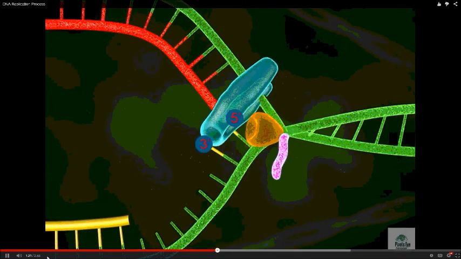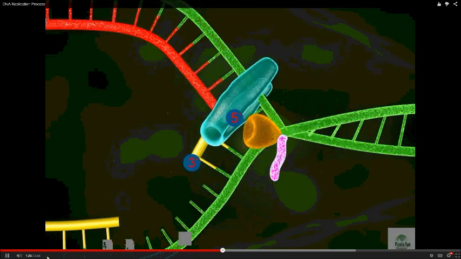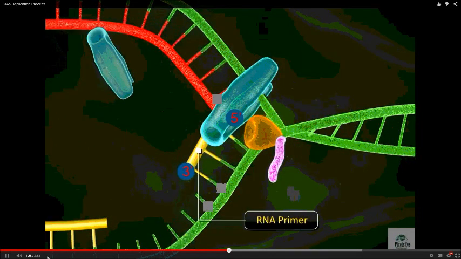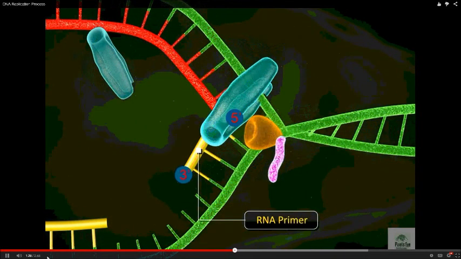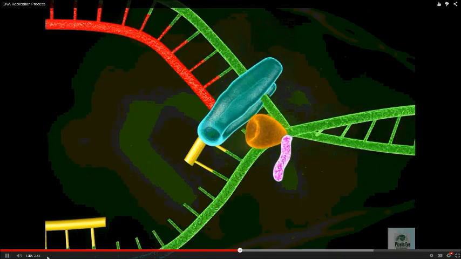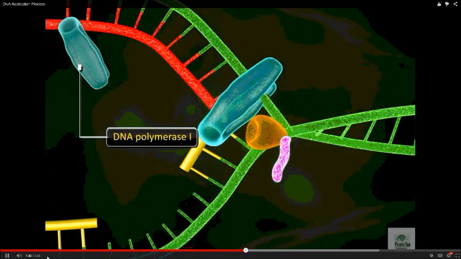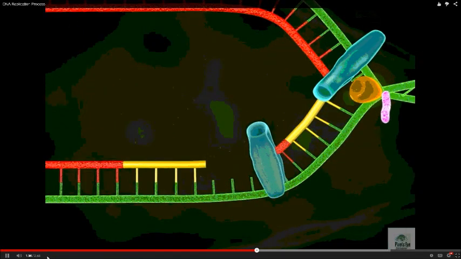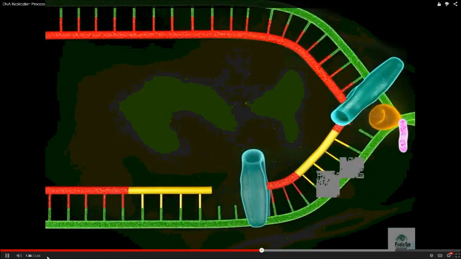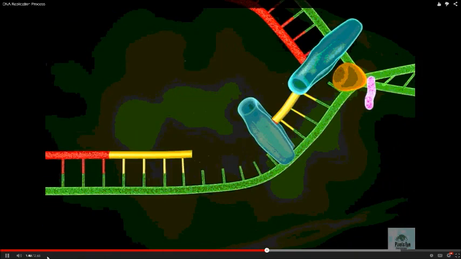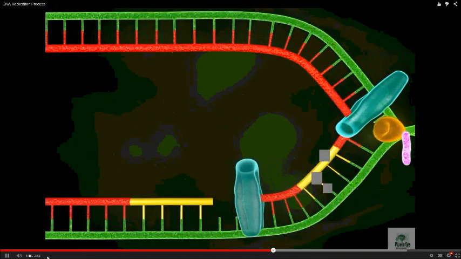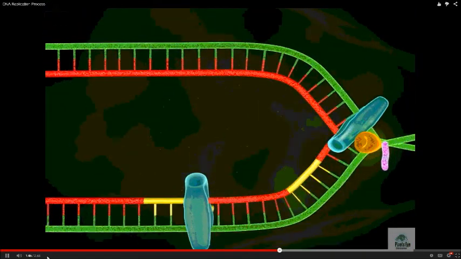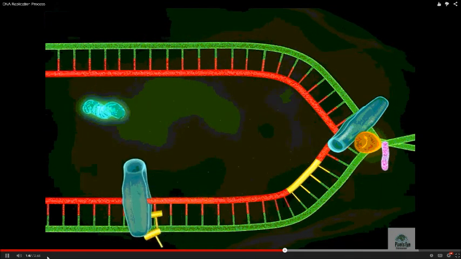The RNA primer is a short stretch of RNA nucleotides which are complementary to a small section of the initial sequence of DNA strand. DNA polymerase is now able to add DNA nucleotides to this primer and initiate the process of building a complementary DNA strand. Once a complementary DNA strand is built, the RNA primer is removed by enzyme action and appropriate DNA nucleotides are added.